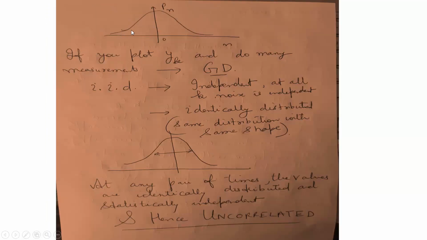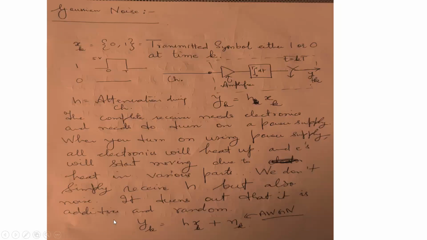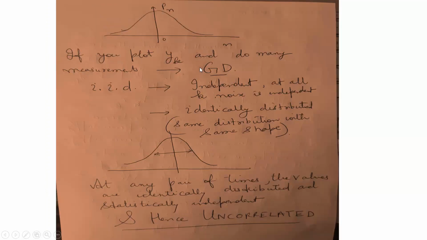If you plot yk and do many measurements of this received signal, it will be a Gaussian distribution. The noise is independent at all times k, and identically distributed, that means the same distribution with the same shape.